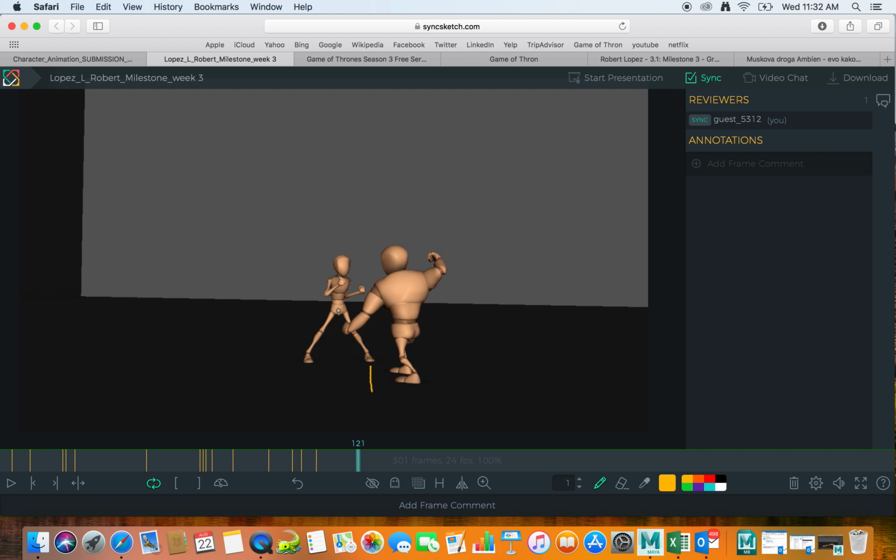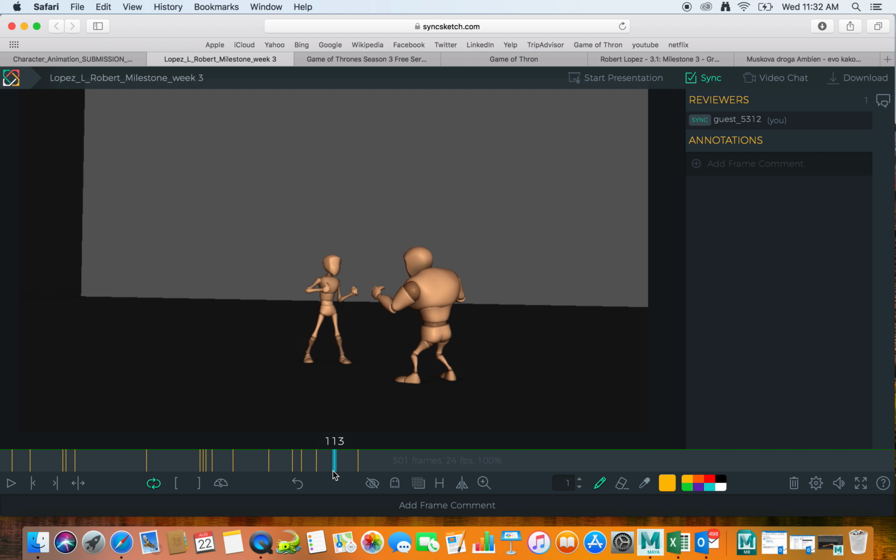Now the weight is spread evenly. There is no way for him to lift this right leg, and he does it. So there is no reality in it. Let's take a look at this guy.